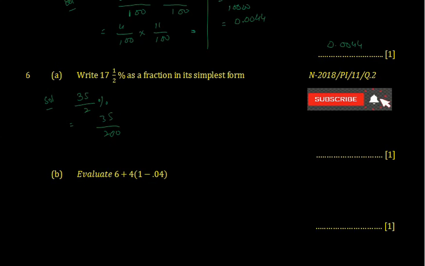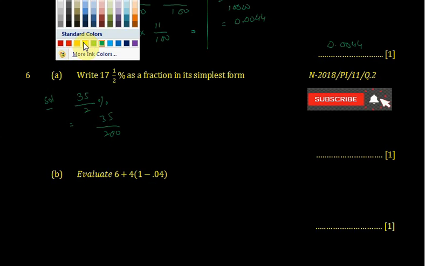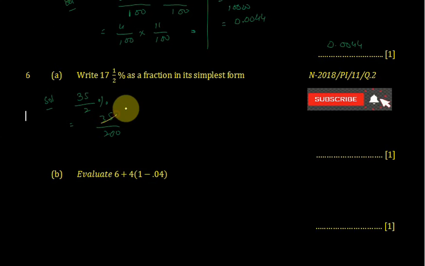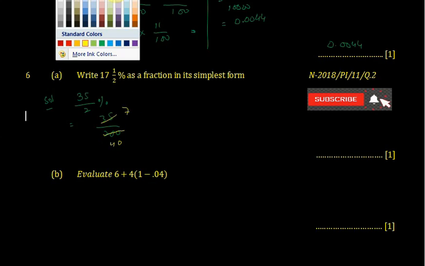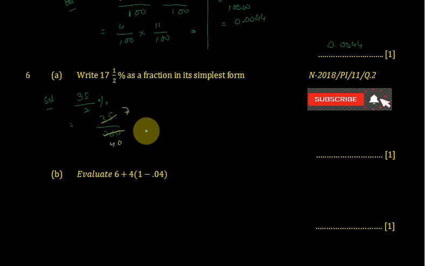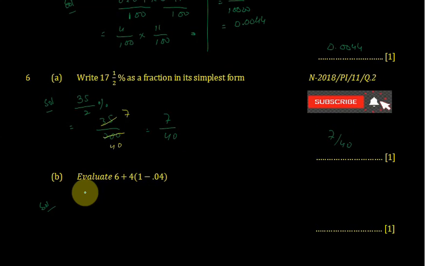Now we can cut this number: 5 sevens are 35, 5 fours are 20 and 0. We cannot do any more cutting. So the answer is 7 upon 40.